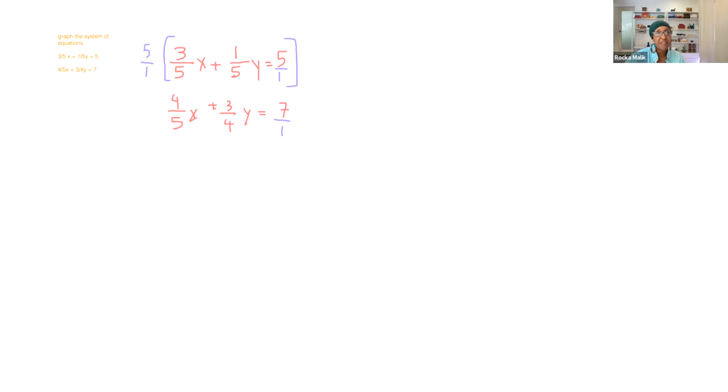Okay, so 5 times 3 is 15, over 1 times 5 is 5. I'll just write it like this so you can see that they disappear. 5 times 1 is 5. 1 times 5 is 5. y equals 5 times 5 is 25, over 1 times 1 is 1.